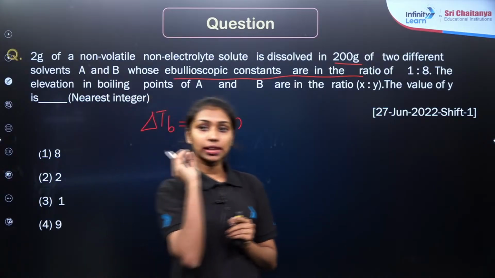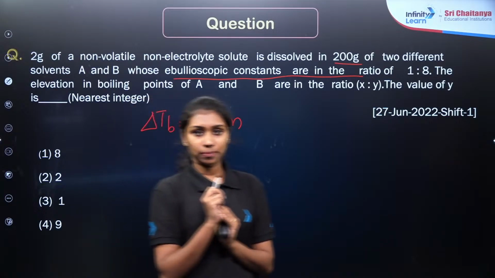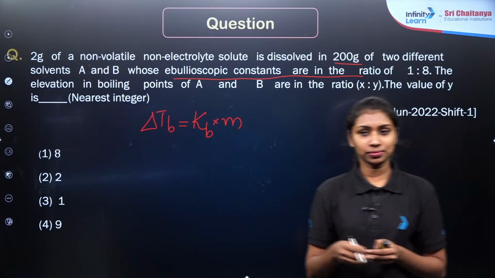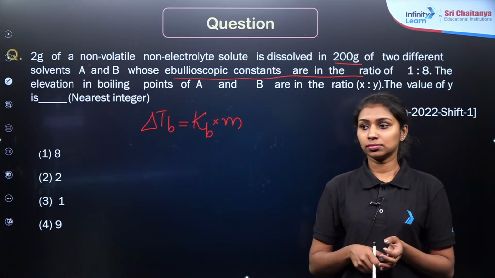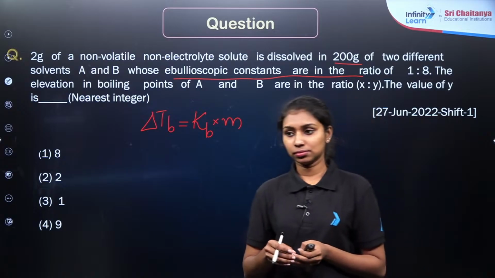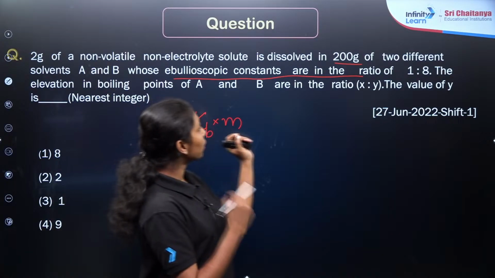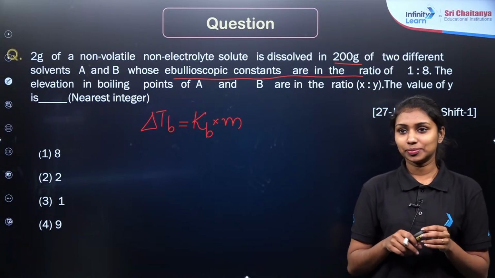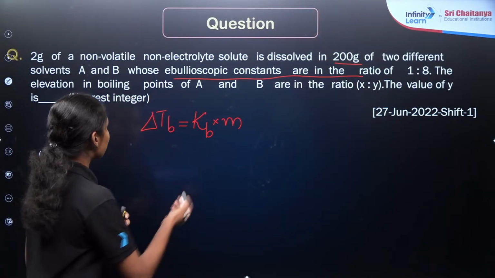For A and B, the same amount of solute and solvent is taken here, so the molality is the same, because 2 gram of solute is added to 200 gram of both solvents A and B.